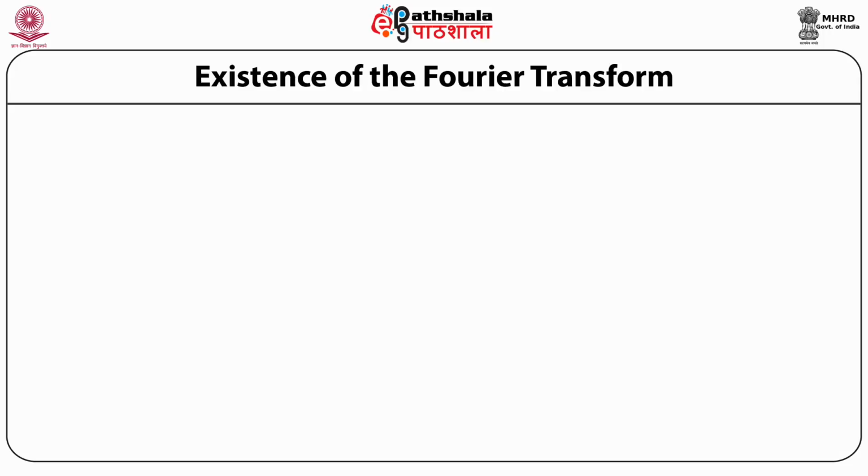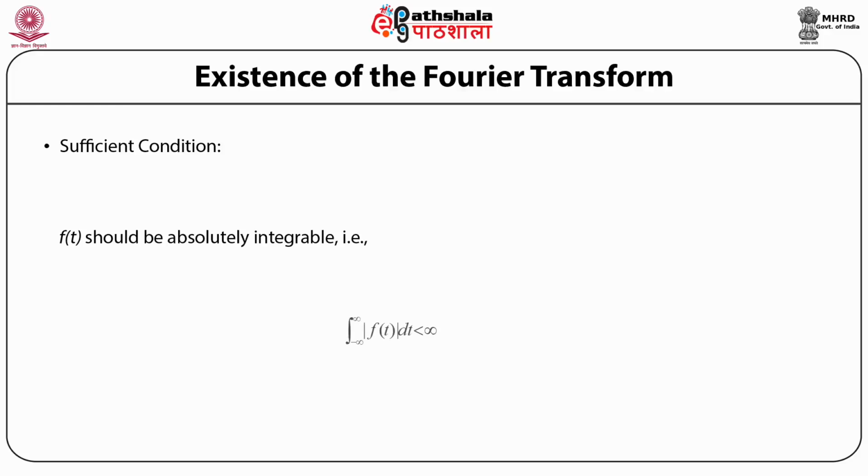Fourier transform. We want to know where the Fourier transform can exist. The only condition, and it's a sufficient condition, is that f of t should be absolutely integrable. That is, the integral from minus infinity to infinity of modulus of f of t dt should be less than infinity.